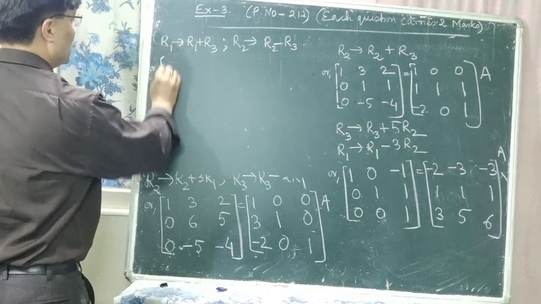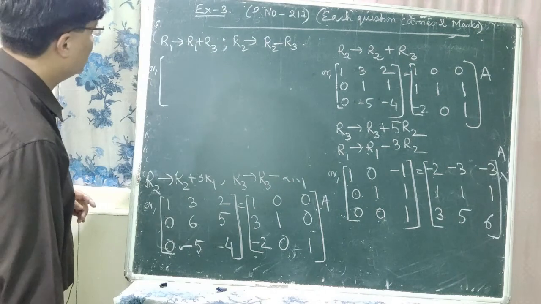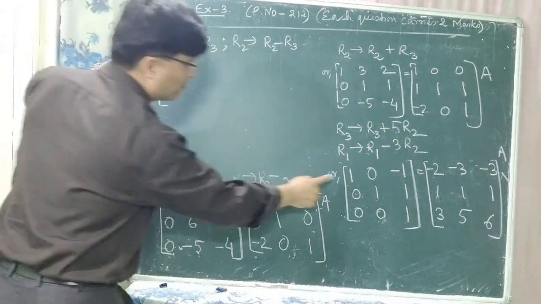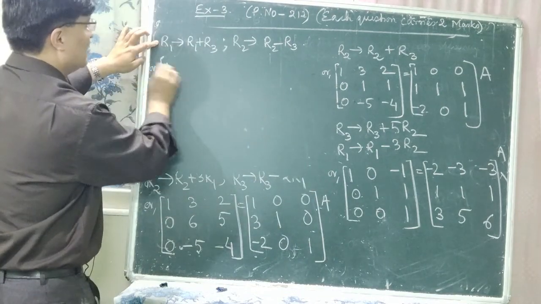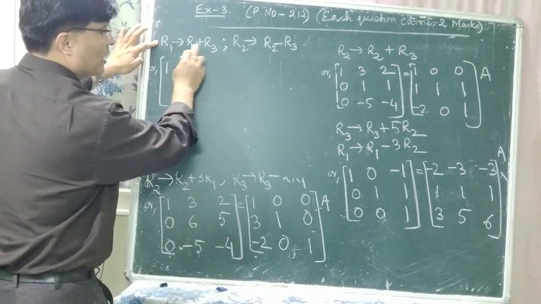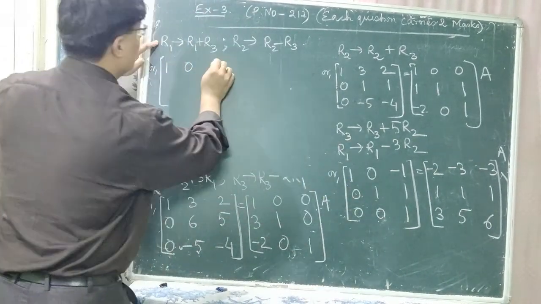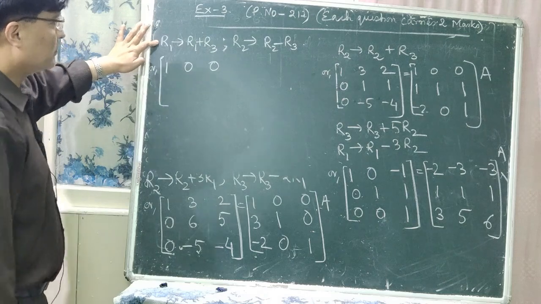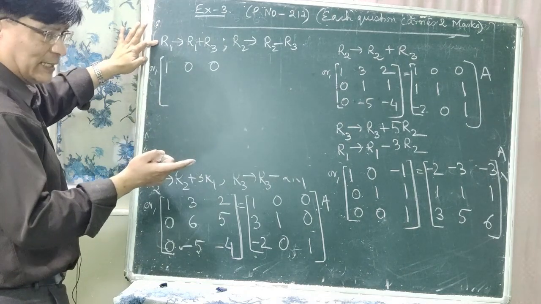Now R1 is changing. How does it change? R1 plus R3. 1 plus 0 is 1, right? 0 plus 0 is always 0. Minus 1 plus 1 is always 0. Is that clear? Next, row 2 is also changing.